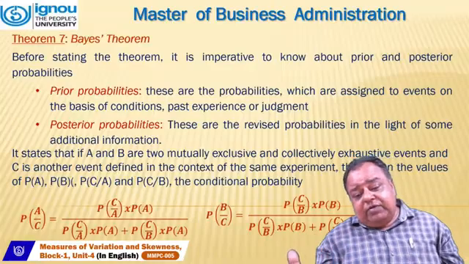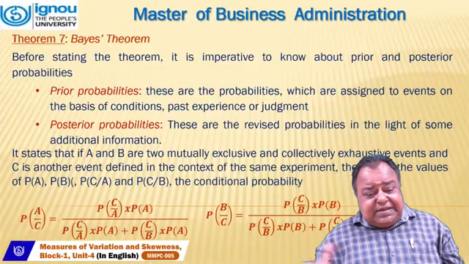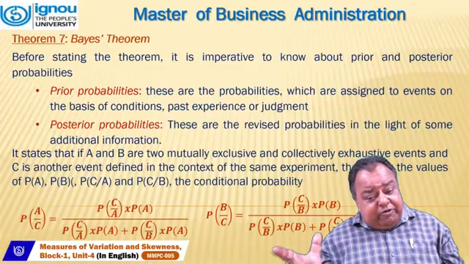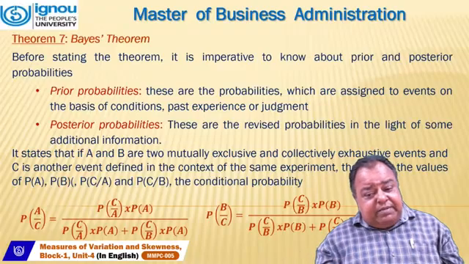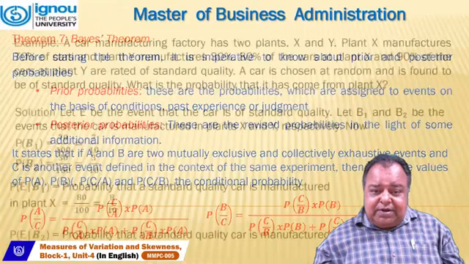And similarly, if we have to evaluate P(B by C), you can see the difference that in the numerator P(C by B) is there and probability of B is there. The denominator remains the same. By taking up an example, we will see how it is evaluated.